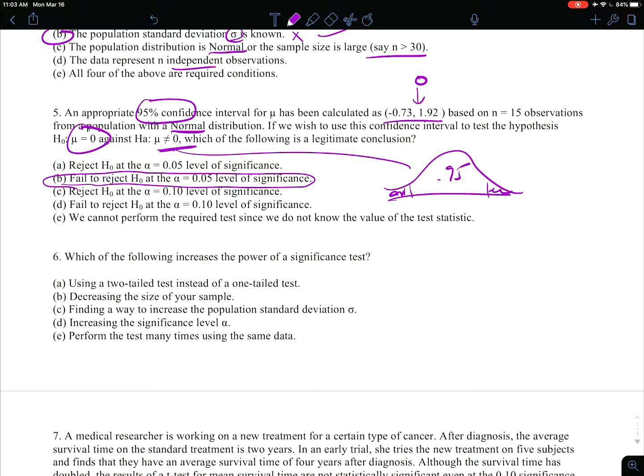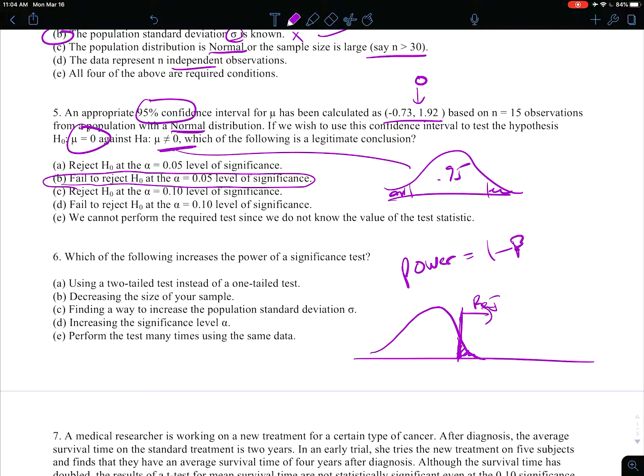Number 6, which of the following increases the power of a test? So to increase the power, let's see, things we know about power is it's equal to 1 minus beta, which is the type 2 error. So as type 2 decreases, that'll increase our power. And then visually, if we're convinced that we're going to reject anything greater than some value, let's just say this is where we're going to reject over there, you have to be told something else is true.